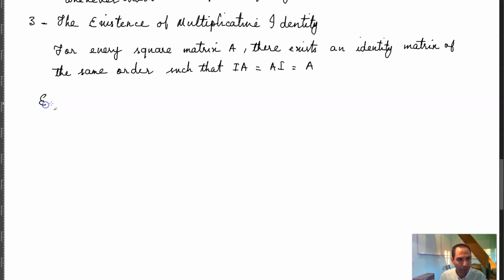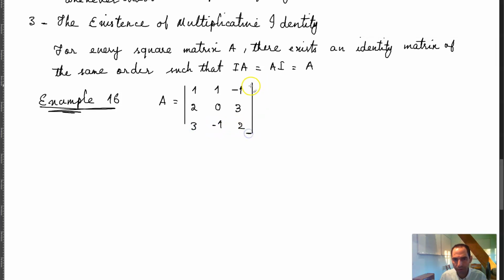So the example number 16: if A is a matrix of order 3, with rows 1, 1, negative 1; 2, 0, 3; and 3, negative 1, 2, and you have another matrix B, which is 1, 3, 0, 2, negative 1, 4. That is your second matrix. And your third matrix is a matrix like this.